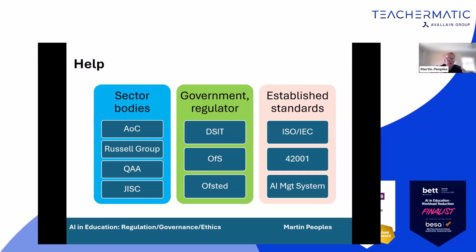The EU has given a job to standards organizations in Europe to produce a set of standards that meet the EU AI Act. And a lot of thinking is that this will be the one that they end up coming up with, or something close to it. So that's just, I suppose, a framework. If you are working in your college or university on your AI governance and ethics, that's something that you might want to have a look at.